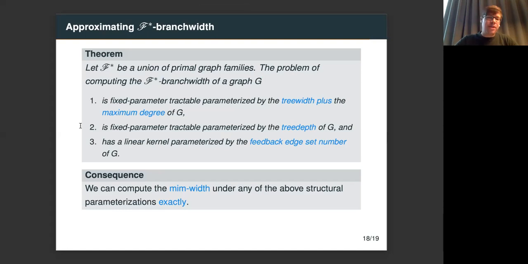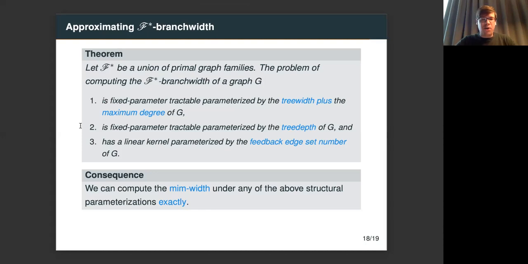Now maybe you think that this is not so satisfying, because of course the goal would be to compute F star branch width itself, like F star branch width parameterized by F star branch width. But we expect that you require quite some heavy machinery for this because, first of all, it contains the problem of computing MIM width as a small special case.